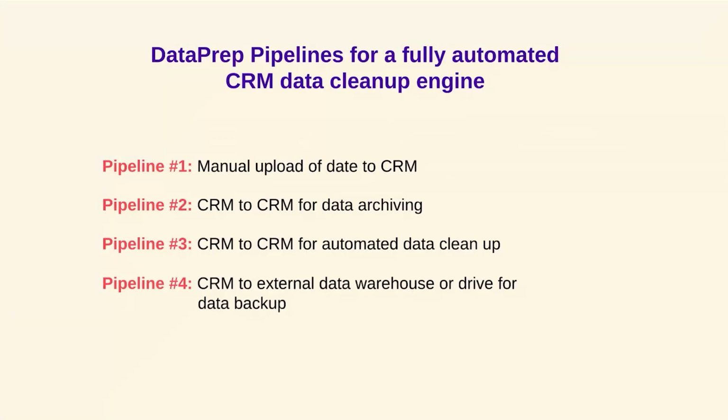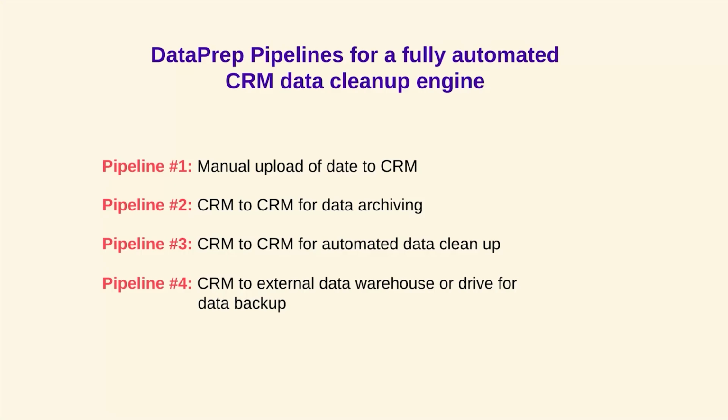Whatever information is in the CRM gets moved to an external data warehouse or your cloud drive, wherever you want to back up your data. To completely automate your CRM data hygiene, you are going to have multiple pipelines. There is no one-stop solution for that, because each business is different and has different elements involved.